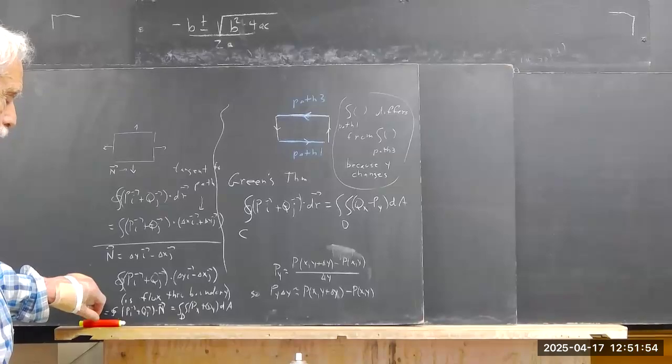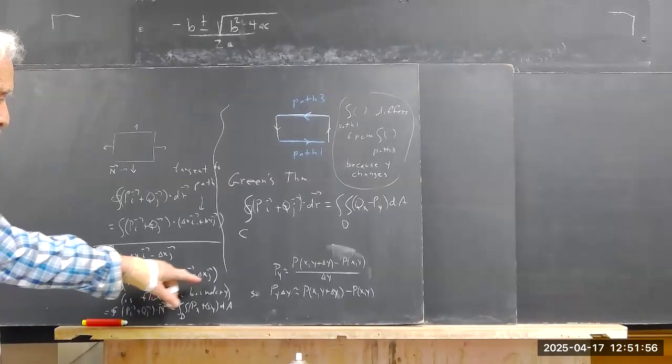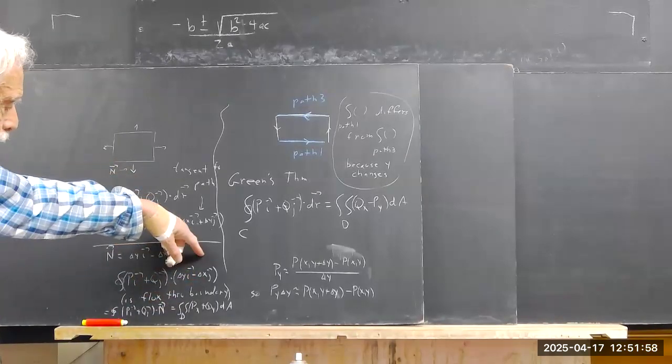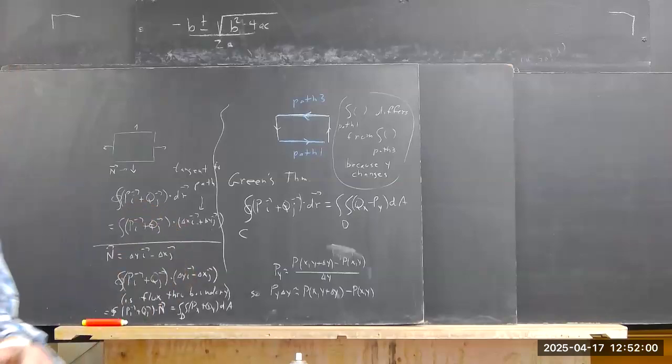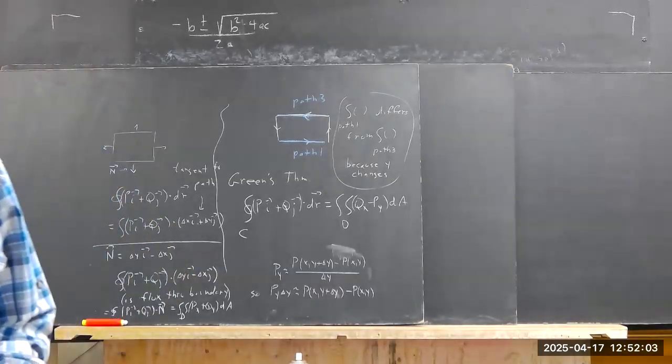I'm waving my hands a little bit over that, but it comes about because this would be the normal vector, and I don't want to go into too much detail about it.